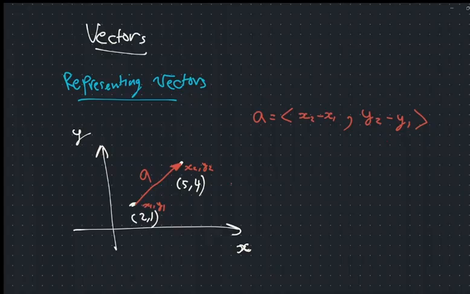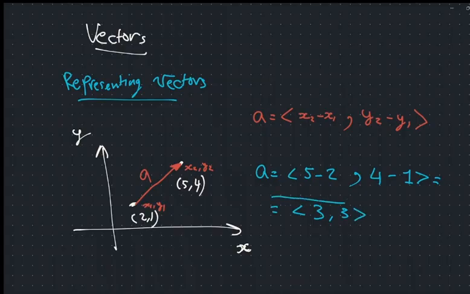So let's find it for this vector. A is going to be equal to, what is x2? It's 5. What is x1? It's 2. And then what is y2? It's 4. And what is y1? It's 1. So it is equal to 3 and 3.